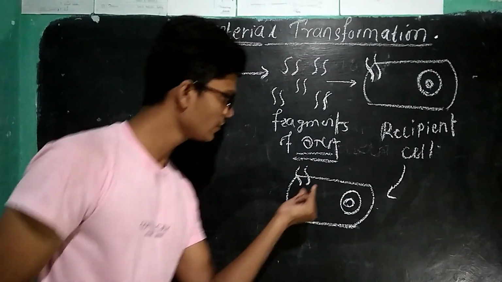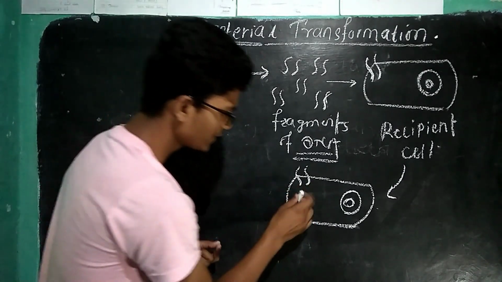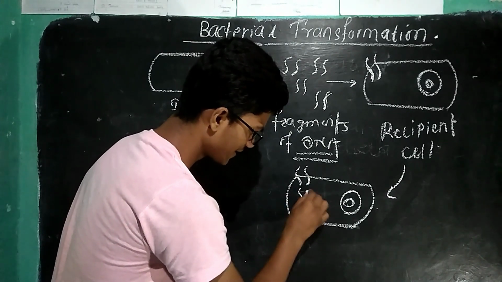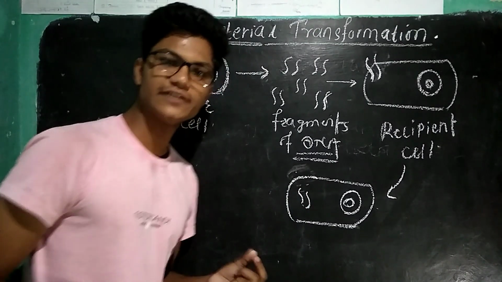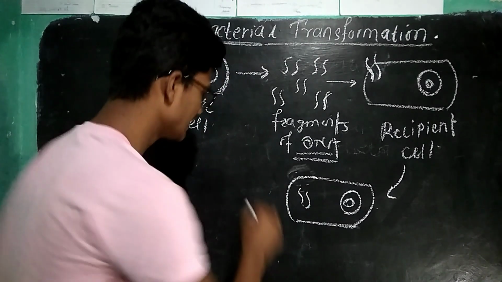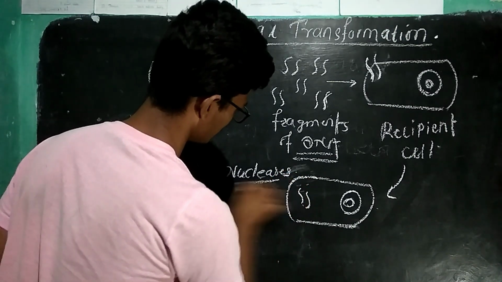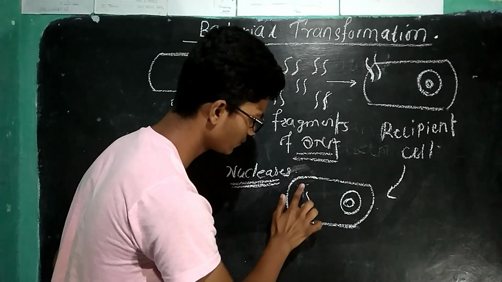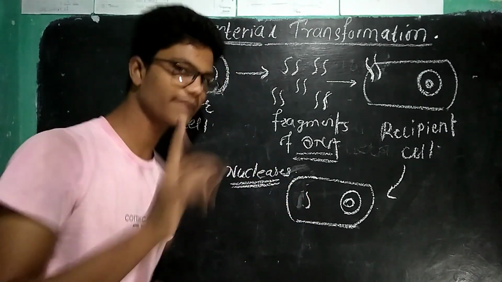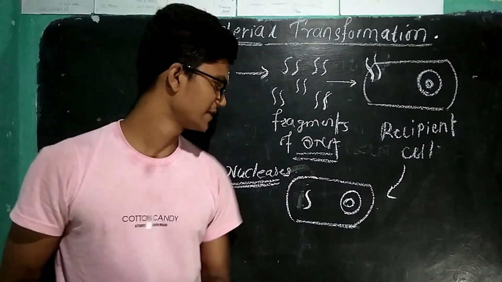These two fragments now enter inside this recipient bacterial cell. But after entering, one fragment is degraded by the enzyme nucleases, and hence only one fragment remains. The other fragment is degraded by the enzyme nucleases.